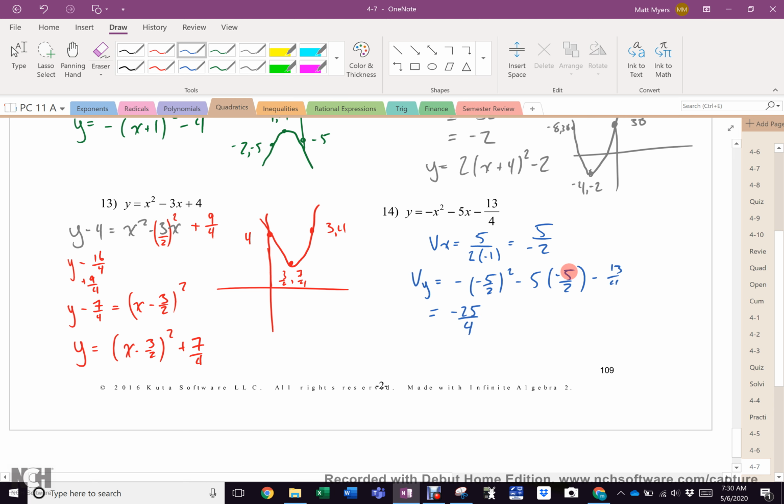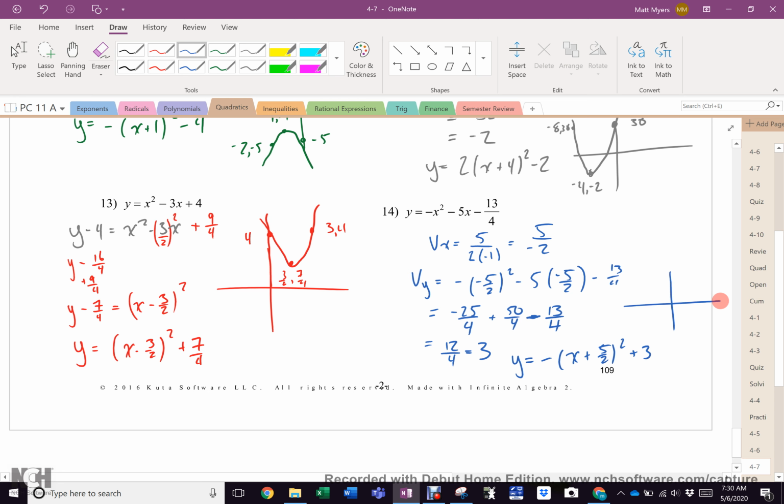Now that's going to be plus 25 over 2, which is, of course, plus 50 over 4, minus 13 over 4. So that's going to be 12 over 4, which happens to be 3. So y equals negative (x plus 5/2) squared plus 3.